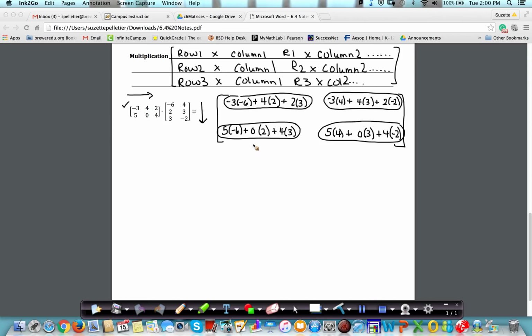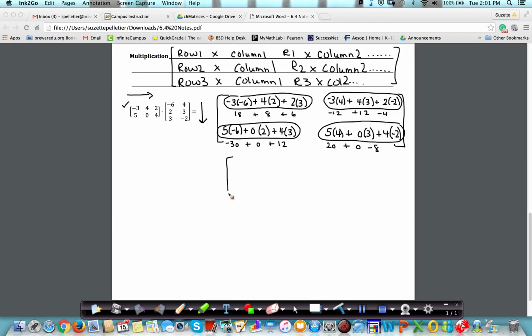Okay, so I get 18 plus 8 plus 6. I get -12 plus 12 minus 4. I get -30 plus 0 plus 12. I get 20 plus 0 minus 8.